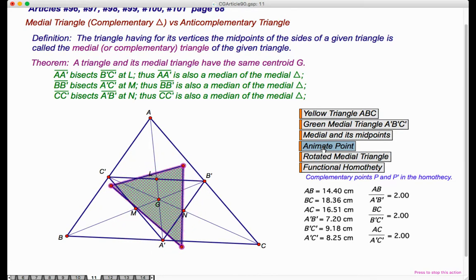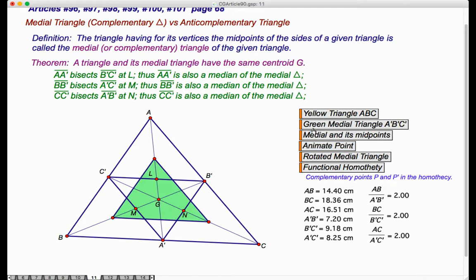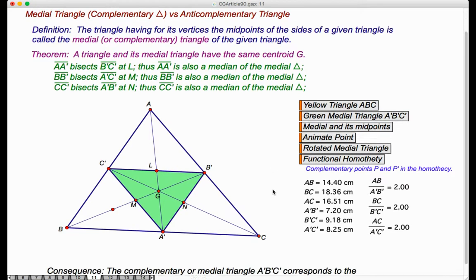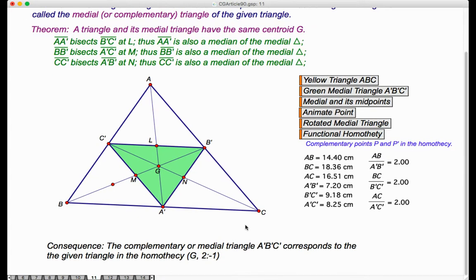And if we rotate that green triangle, it becomes like this. And definitely they are similar to each other, and the ratio of similarity is actually 2. Okay, however, that's the original one, and then we go back to the original.